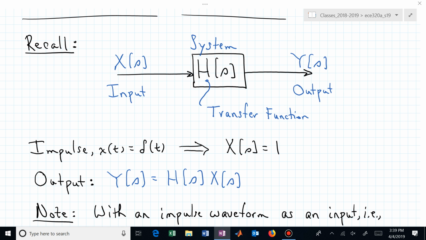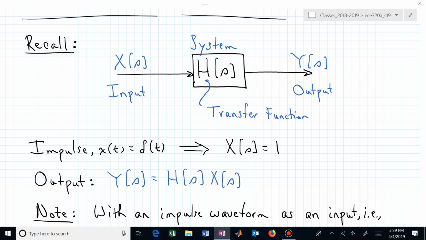Here's the output in the frequency domain, H times X. In the time domain, that's going to be convolution. But if we now had an impulse, where x of t, our input, is the impulse waveform, you know the Laplace transform of that impulse. That's just 1.